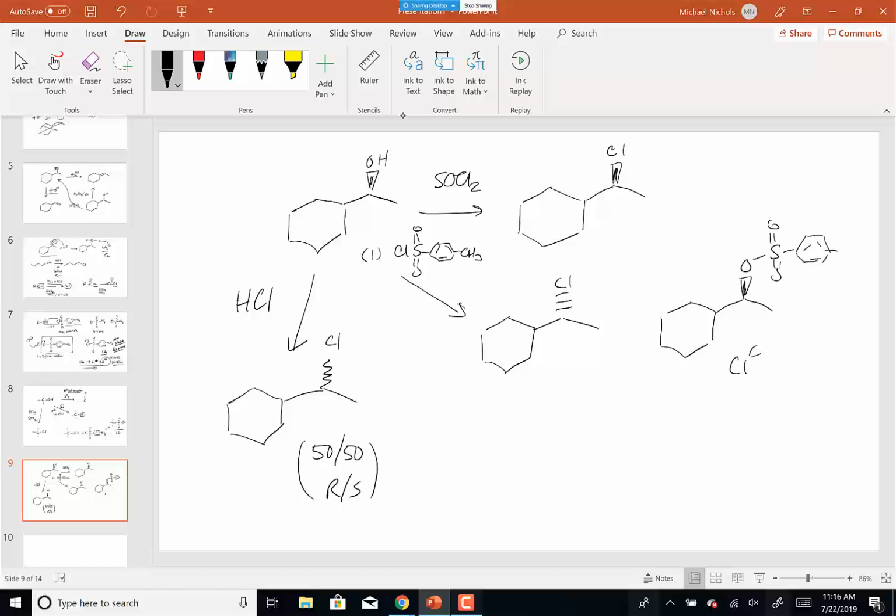Now react it with chloride. Chloride comes in, kicks it off, and since that is an SN2 reaction, I'm going to end up with inversion of configuration on the chloride. So first step, tosyl chloride. Second step, add Cl minus.